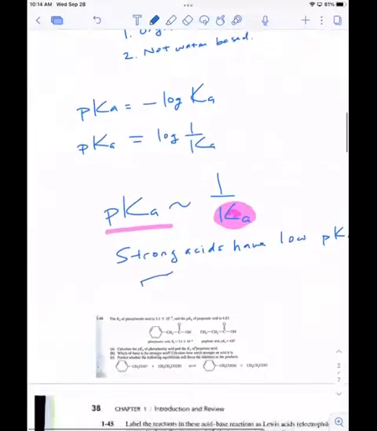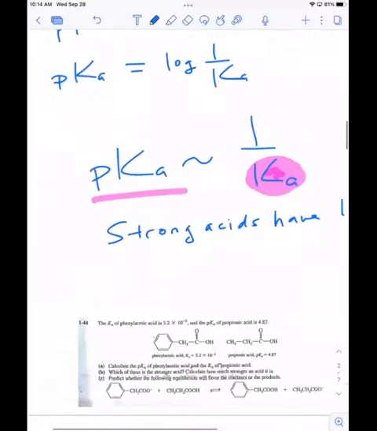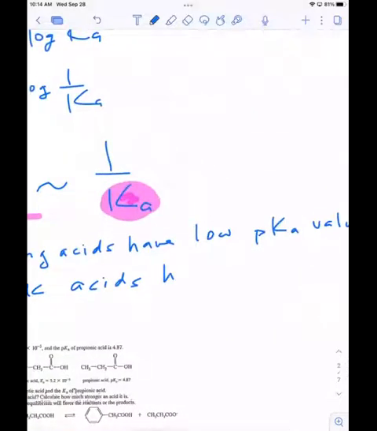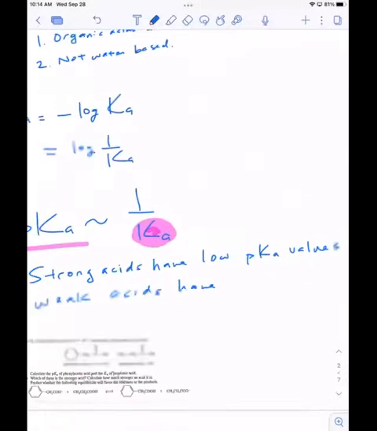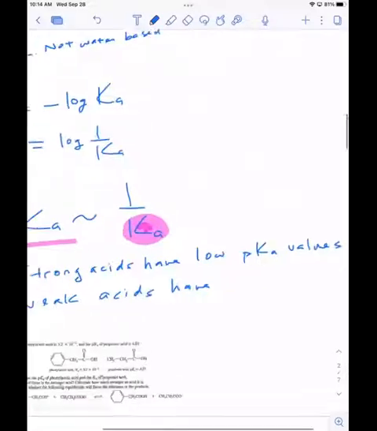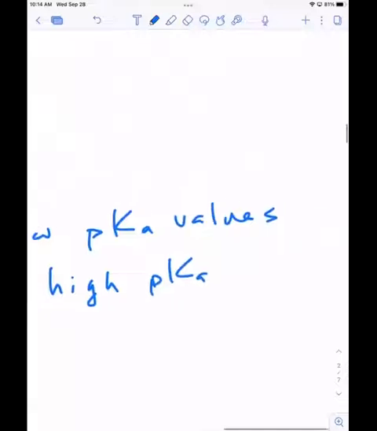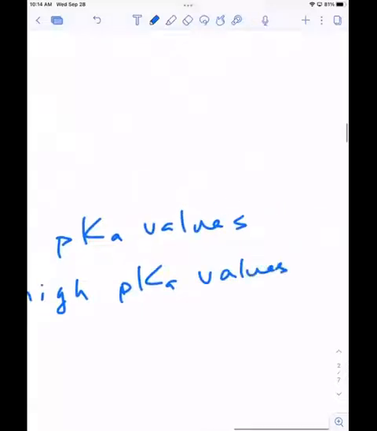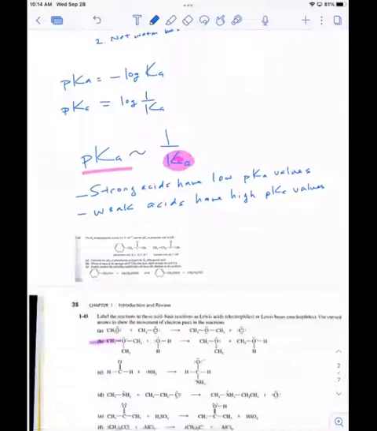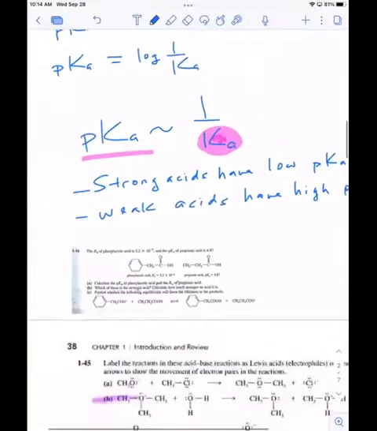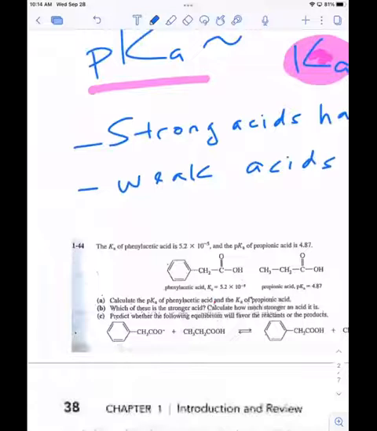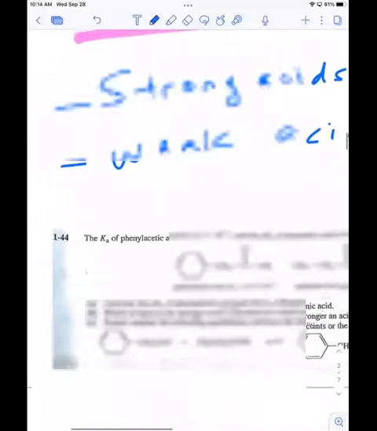And then by default, weak acids are going to have high pKa values because of that inverse relationship between pKa and Ka. And so what you're really measuring with the pKa is the ability of an organic acid to give up H plus, right? That's what you're measuring.